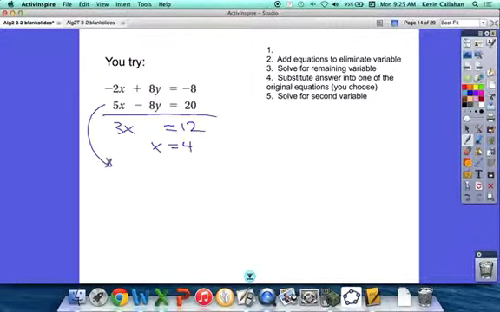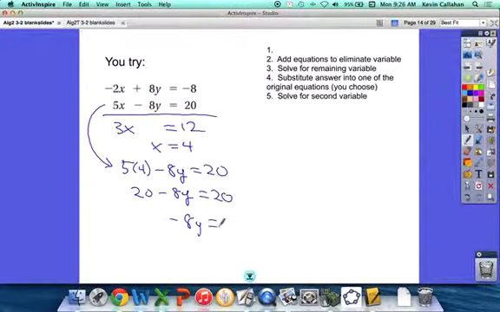Let's do this one, because Jataya said to do this one. 5 times 4 minus 8y equals 20. 20 minus 8y equals 20. Subtract 20 from both sides. Negative 8y equals 0. So what does y equal? 0. So y equals 0. So the point is 4, 0.